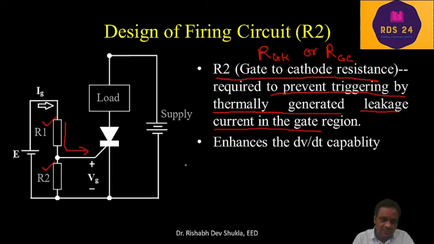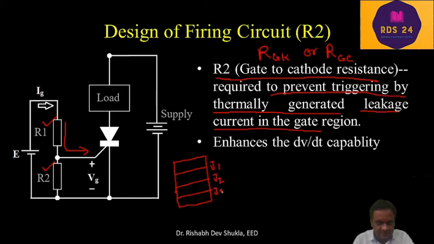As you know, when we are having thermally generated carriers, it will require a bypass path. This is junction J1, this is junction J2, this is junction J3. We are connecting a resistance here between the gate and the cathode. If charges are generated because of thermal reasons or because of temperature, it will create a bypass path.